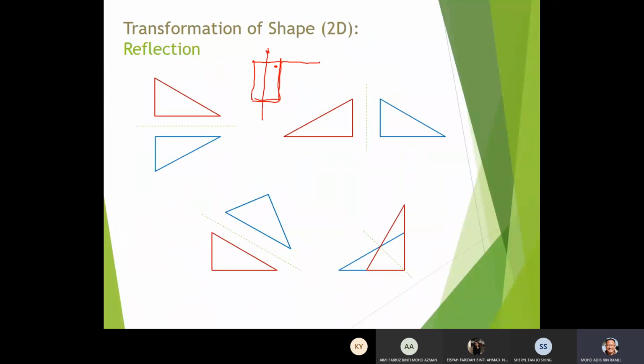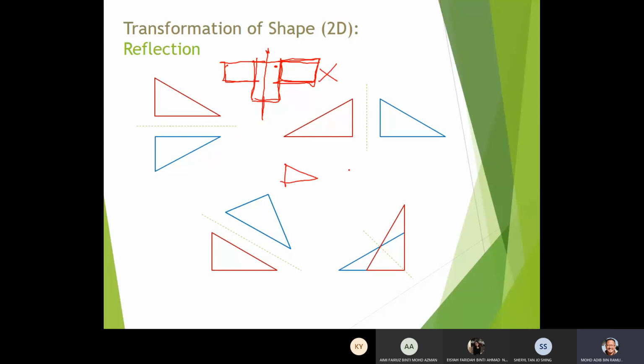For example, the rule states that the transformation should be like this, but suddenly you add to this side as if you mirror. So this is wrong also. But if the rule is a reflection, like this case, then it's fine.